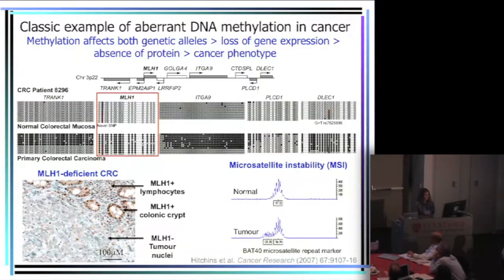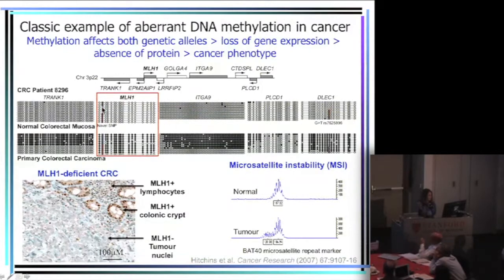So all of these traces here are from a single patient. At the top, we have the normal colorectal mucosa, and beneath that, the primary colorectal carcinoma from the same patient. And here's the MLH1 gene and its neighboring genes.